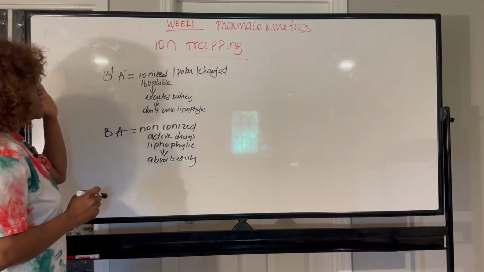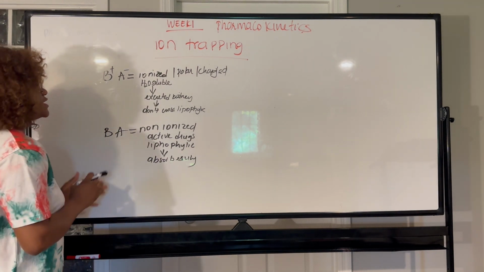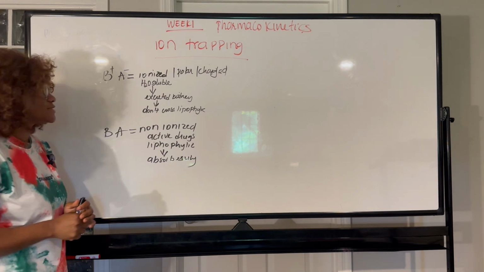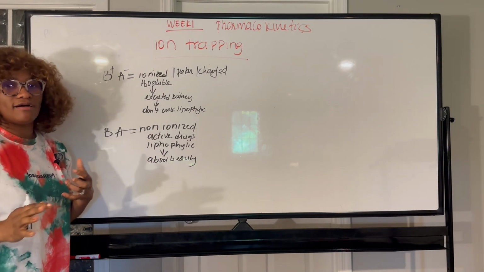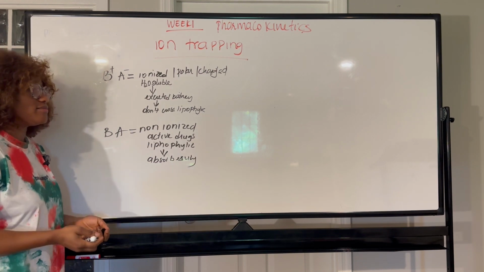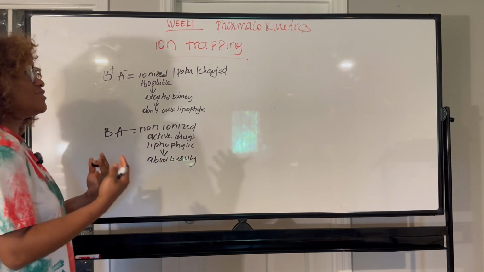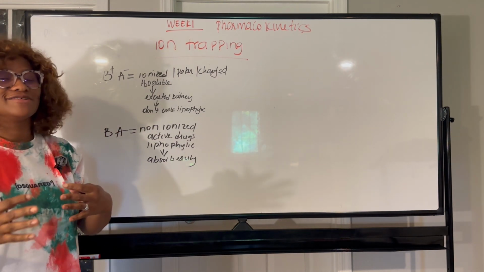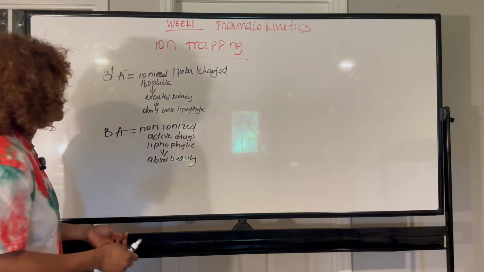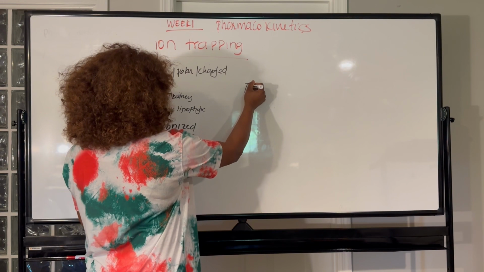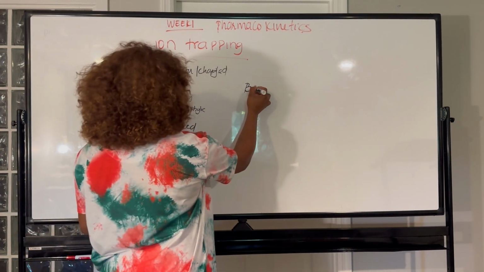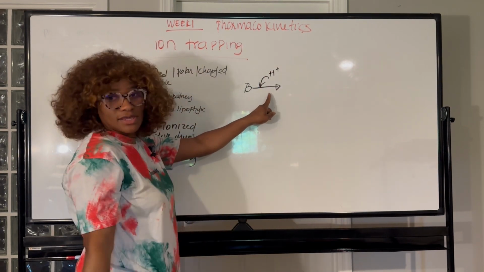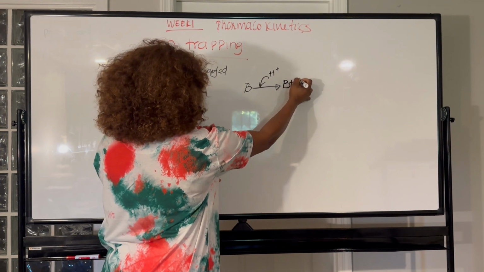So this is a concept we really need to have a grasp on before we get into ion trapping. The next notion we have to grasp is base and acid. Most drugs, as I understood, come in the form of a base or acid. We need to remember from our pharmacology or chemistry class that a base in an acidic environment tends to accept a proton and become charged.